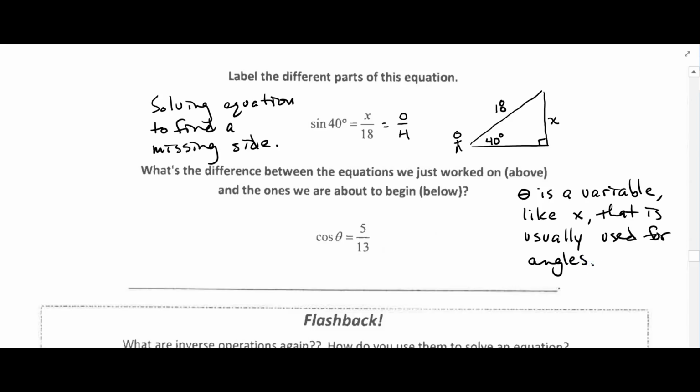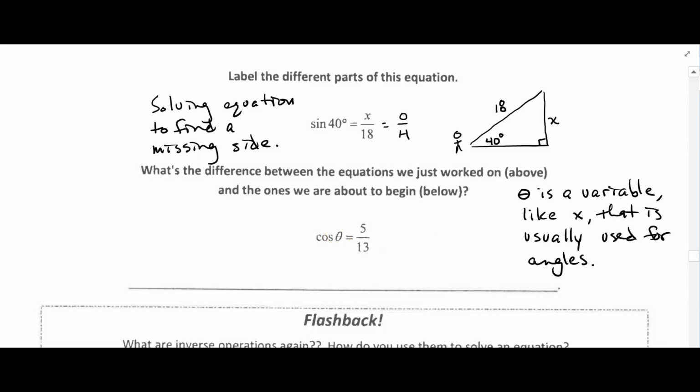So we like to use some of the Greek letters for angles that we don't know. Instead of saying cosine of x, we would just say cosine of theta. Again, it really doesn't matter what variable you use, but as you continue in your math career, you're going to have theta as an angle quite often.